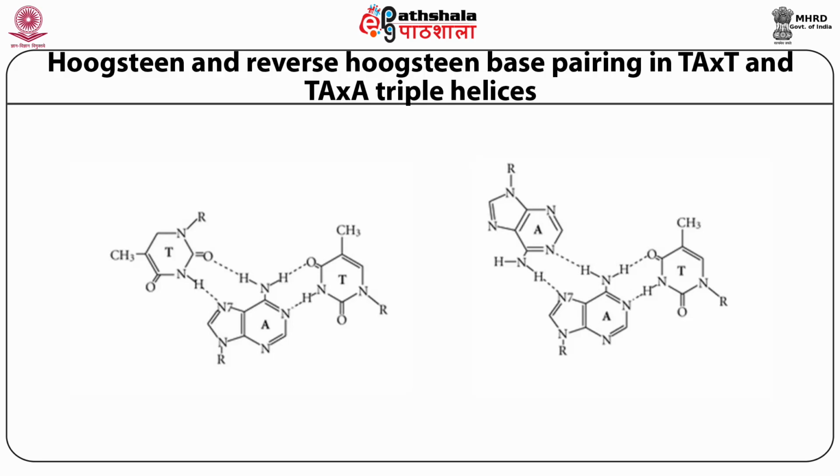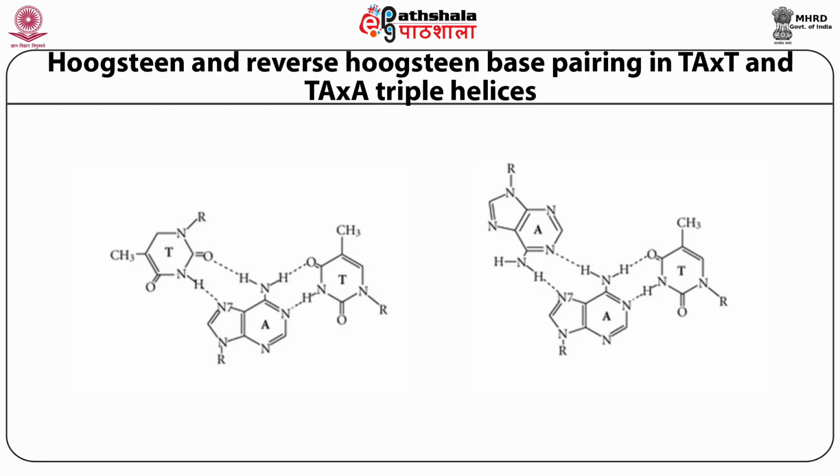In case of TAT, we show on the right hand side the 2 bases, adenine and thymine, and the left side thymine has a hook chain base pairing, that is the NH and O hydrogen bond with N7 of adenine and N6H of adenine.